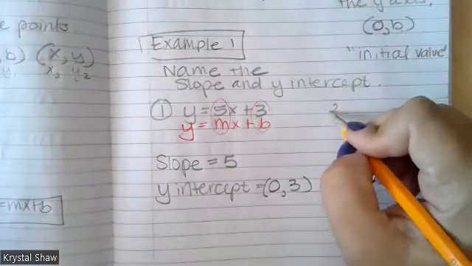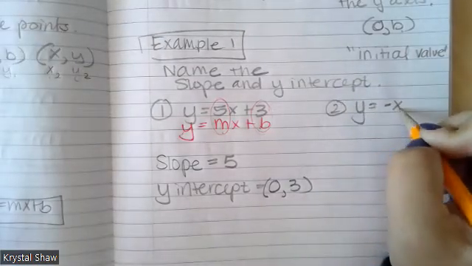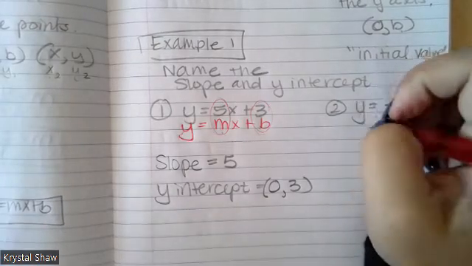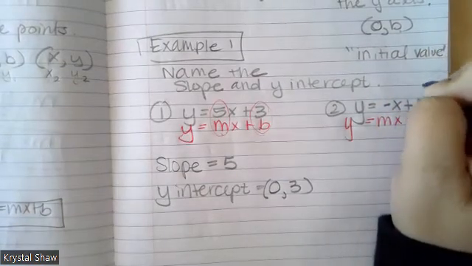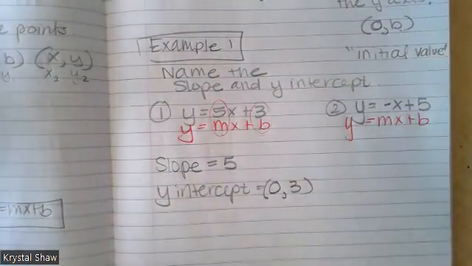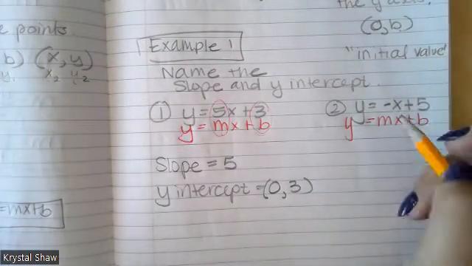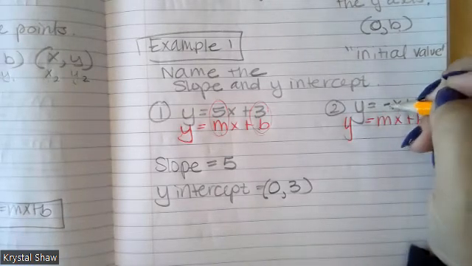So here is number 2. This is y equals negative x plus 5. Again, I'm just going to write y equals mx plus b next to it so I can see where things are lining up, which makes it easier for me. This negative is not just hanging out here. This is the invisible math that we have talked about in the past.